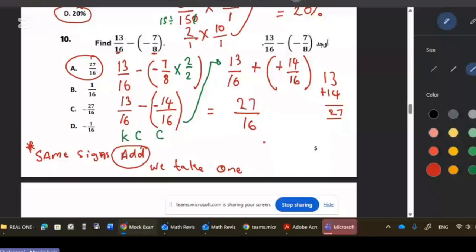Even if you have something like that, let me give another example. If you had, let's say they gave you something like this, -2 plus -3. What would be your answer here? Who can tell me?